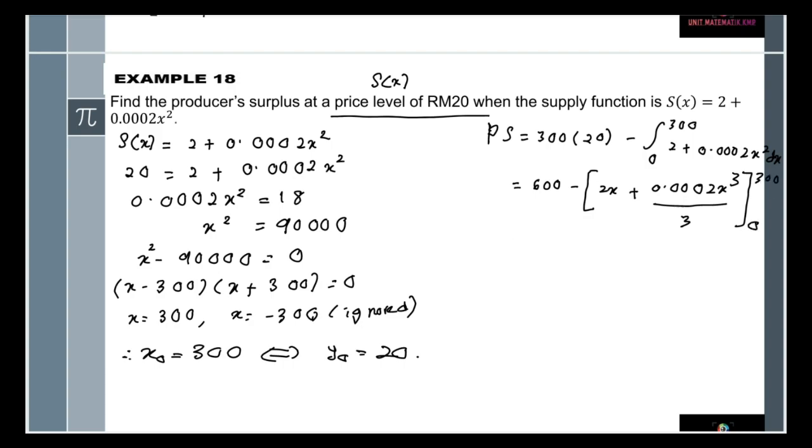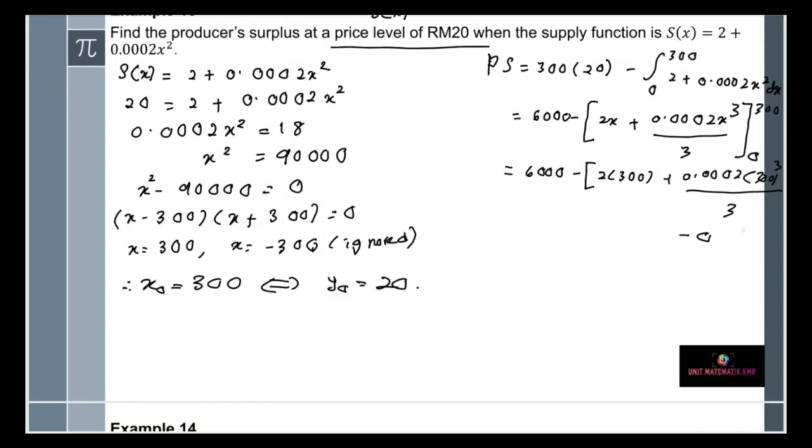So this one is 6000 minus 300 plus 0.0002 times 300 cubed over 3, and minus 0.